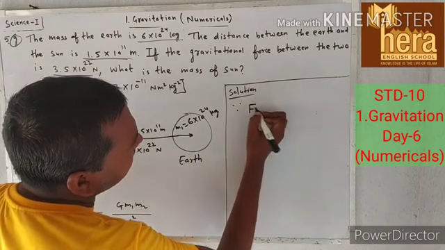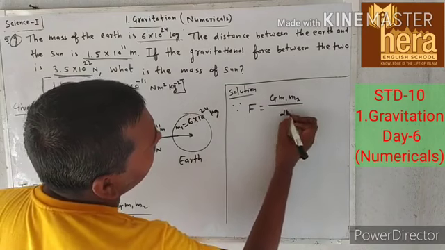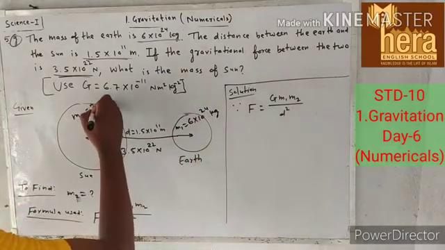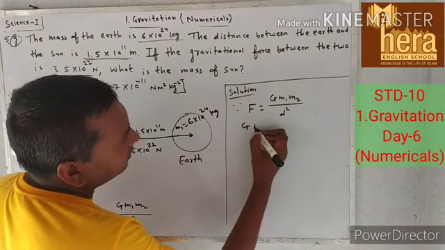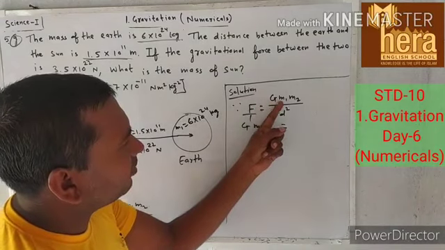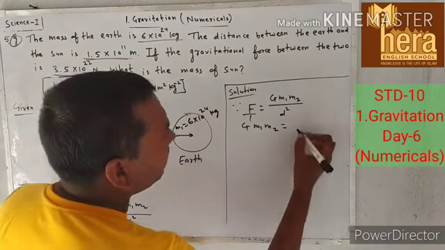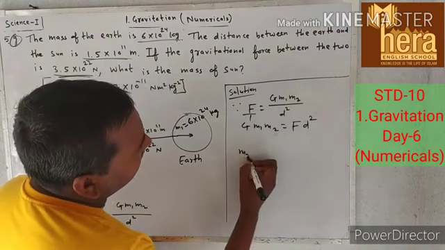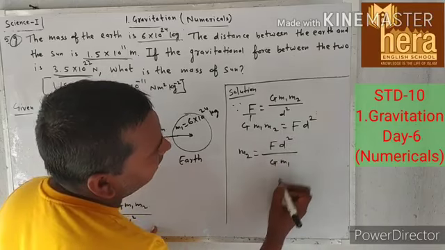Since F is equal to G m1 m2 upon d square, we have to find m2. Therefore G m1 m2 into 1 is F into d square, that is F d square. From here m2 is equal to F d square upon G m1.